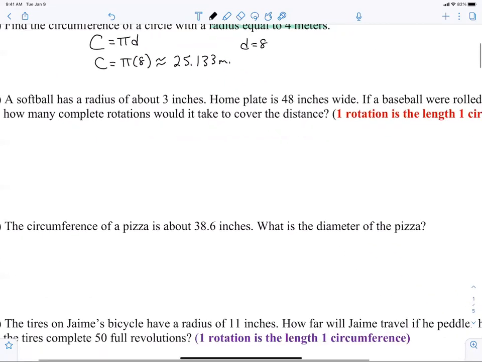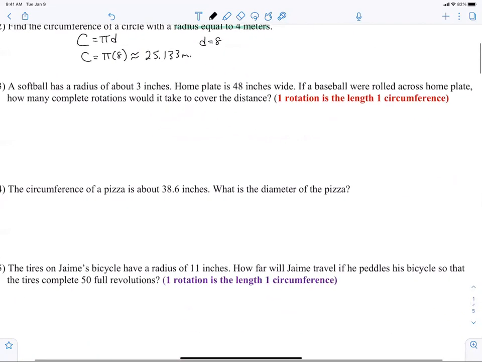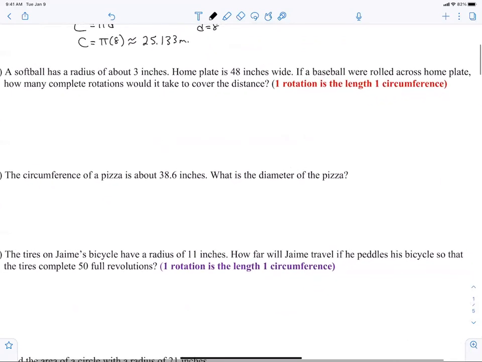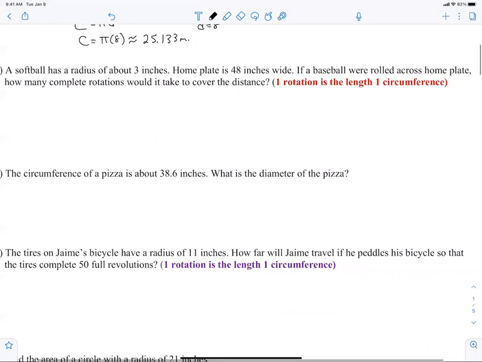Now this is the one where I feel like it's a little bit tricky for kids. So I want everybody to try to read number 3. And I want to see if you can come up with that answer. Now, again, I think drawing something is important. I know most of you know kind of what the home plate looks like.